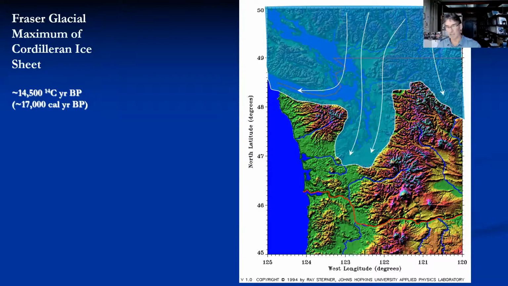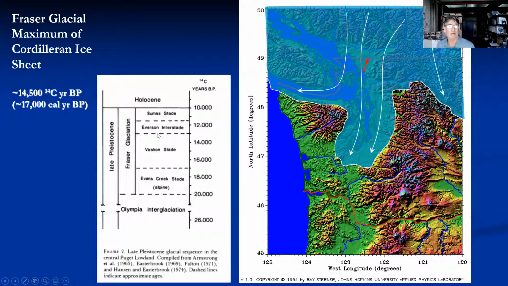Radiocarbon years are one of the most common dating methods that we use for dating these various advances during the late Pleistocene, but you have to calibrate the ages to real years, the calibrated or calendar years. Some of my slides will have radiocarbon years because those are the way they were reported historically. Mostly what I'll be dealing with in the end is the calibrated, real years. This is in real time frame, before present. The BP means before present, okay?